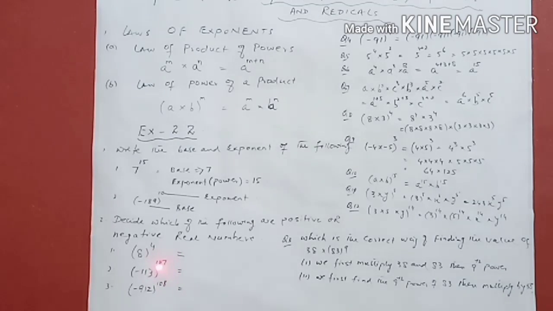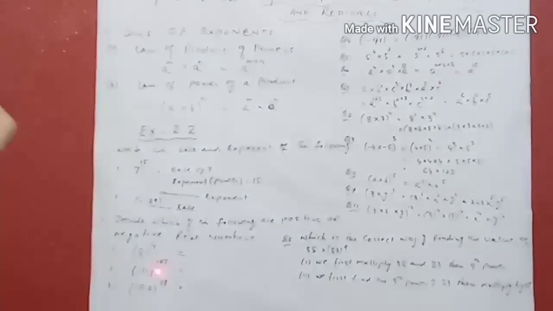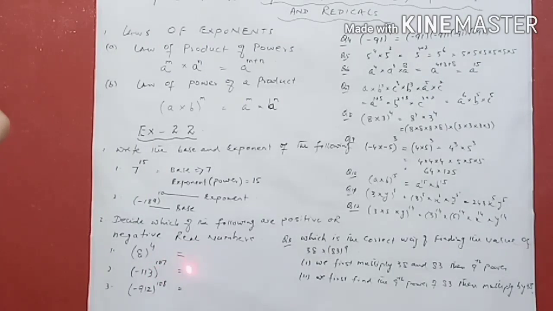That means if a negative term contains an odd exponent, it always gives us a negative real number. If the negative term contains an even power or exponent, it always gives us a positive real number.